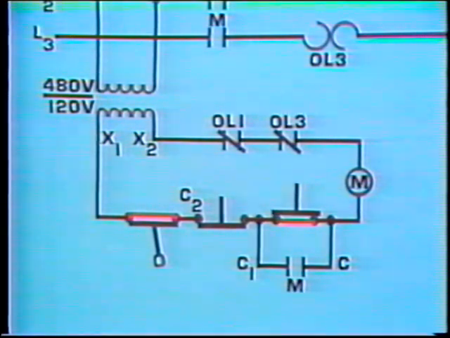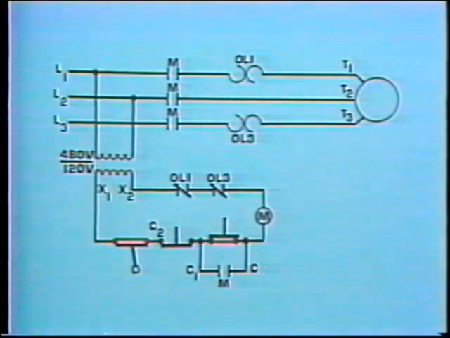When the start button is pushed, current flows through the magnetic contactor's operating coil. The operating coil is energized and closes its main contacts in the motor circuit and the maintaining contact in the control circuit. The motor starts operating.